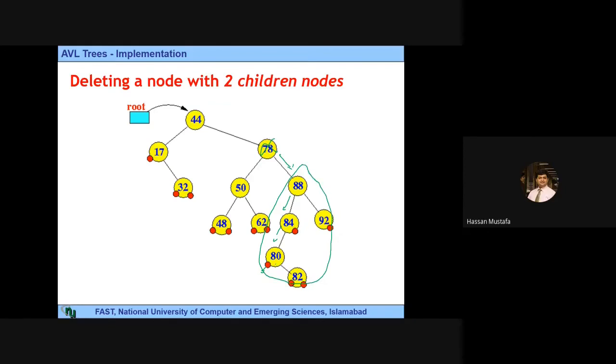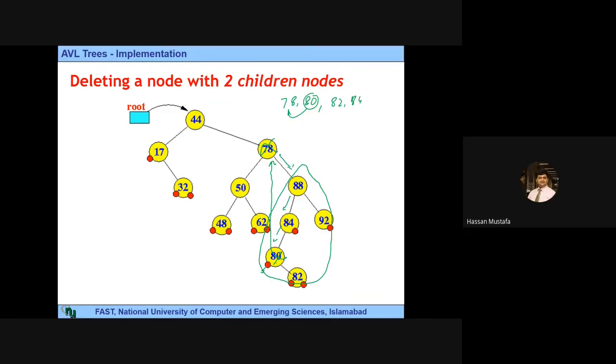Okay, so we pick the smallest node from here, we delete it from here, and we move this node in the place of 78. If we do an in-order traversal of this subtree, for example, rooted at 78, we see that the sorted data would be, after 78, we have 80 in this tree, and then we have 82, 84, and so on, which means that this 80 is the next value of 78 in the tree.